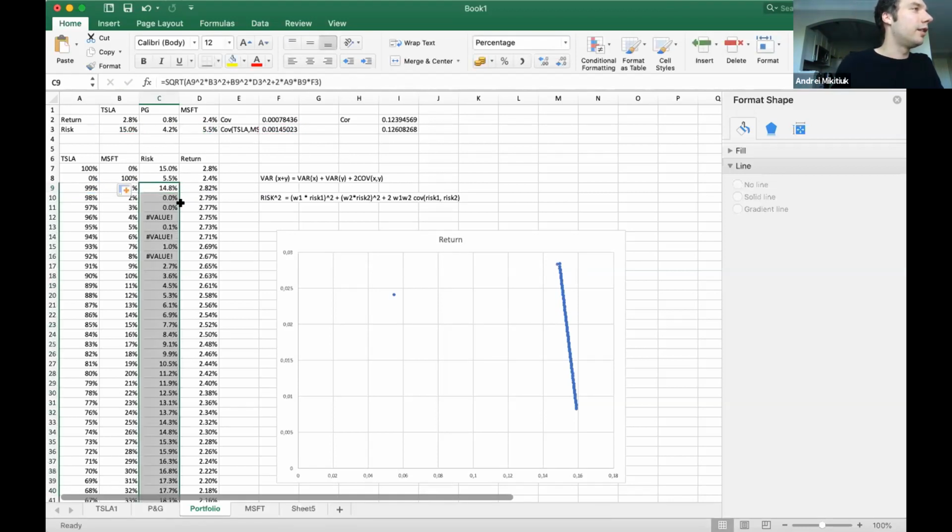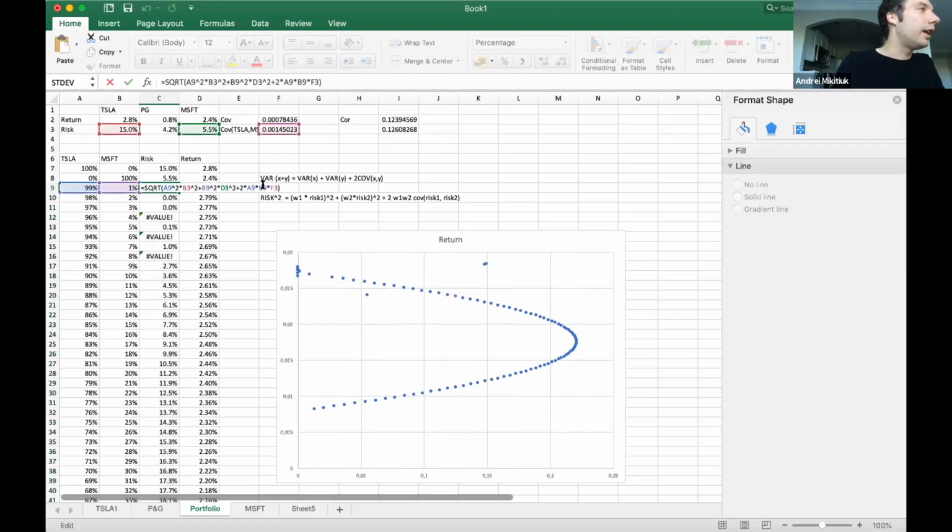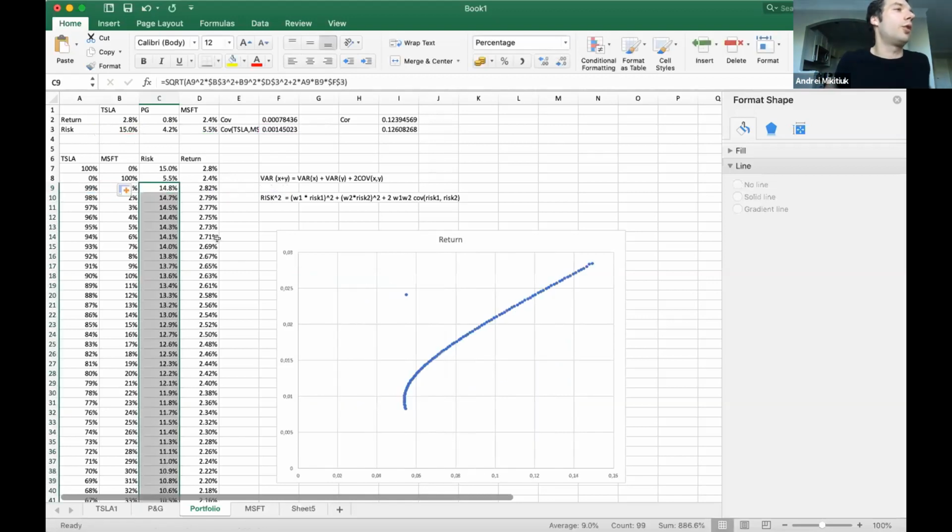Okay. And covariance shouldn't be changing. D3 shouldn't be changing, and B3 also shouldn't be changing. Okay, now we're here. Whatever is on 5.5.